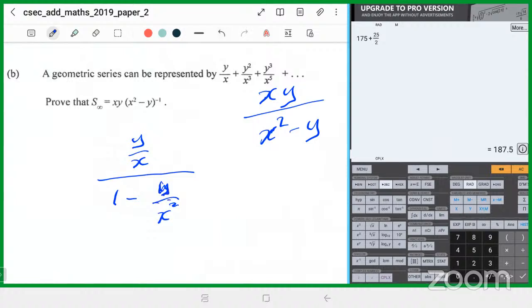So what do you do if you don't want the x squared under there? You flip it. If you have a fraction like this, if I want this to become xy, what do I multiply it by? You want it to become what?